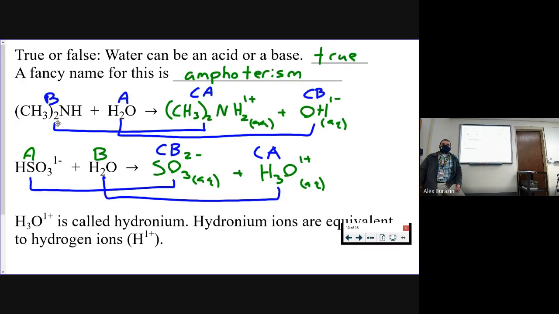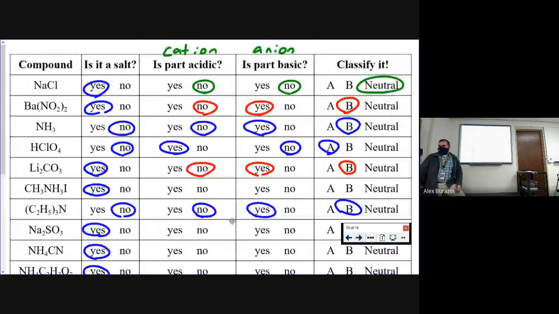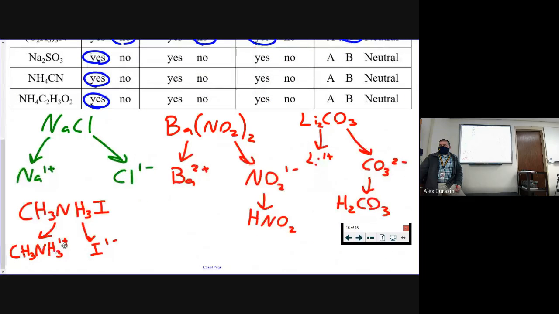That's the conjugate acid. This CH3NH2 is neutral. That's the base. CH3NH3 with a 1 plus charge is the conjugate acid. It would have come from CH3NH2, the base. Now, that's all well and good. I'm giving you more than you need there.